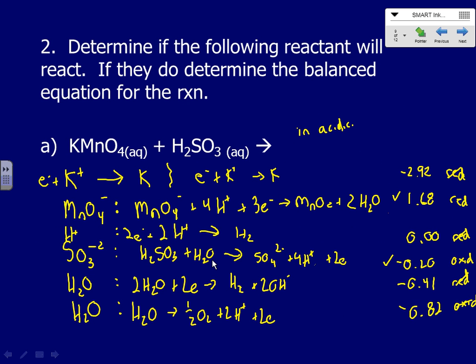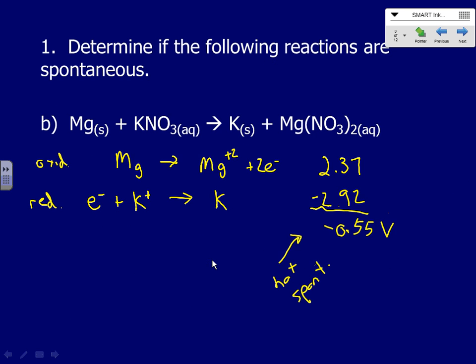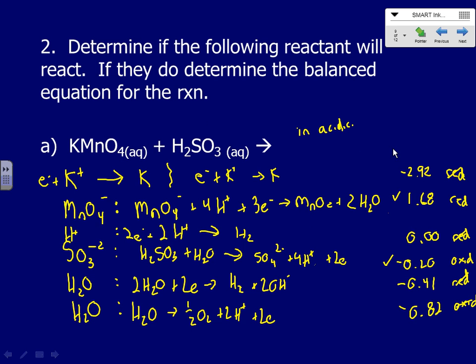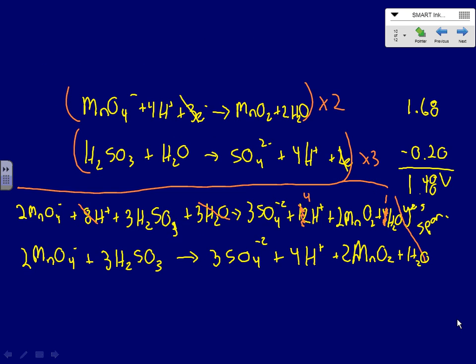If it's basic, it would be that one with the OH instead of the H+, right? So there's always an oxidation half for water and a reduction half, okay? And then you just need to pick the ones of the reduction type that has the highest and the one of the oxidation type that has the highest. And if it adds to something greater than 0, spontaneous. If it adds to something less than 0, non-spontaneous.